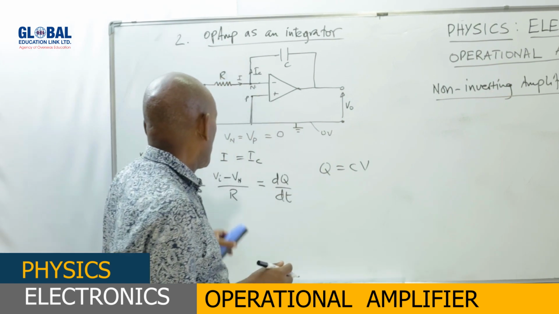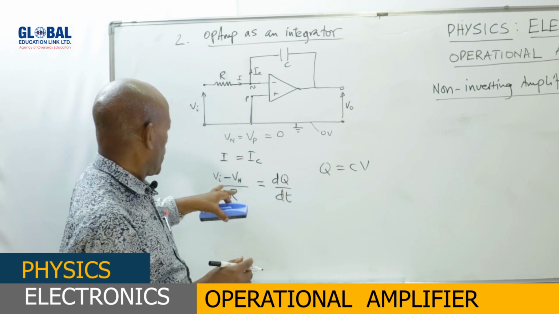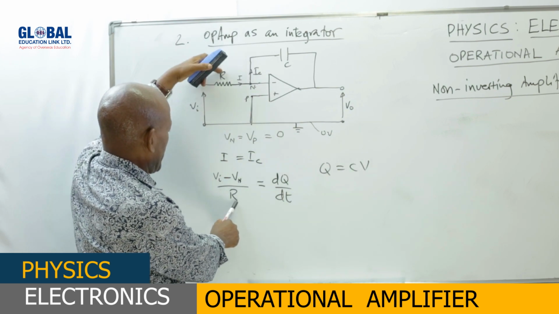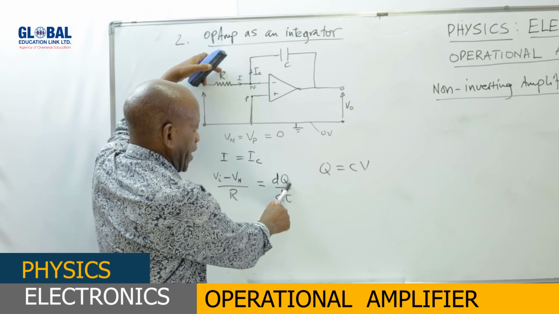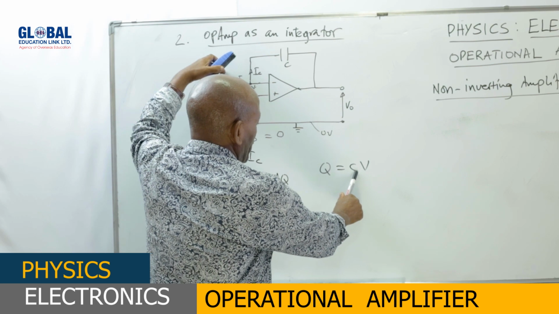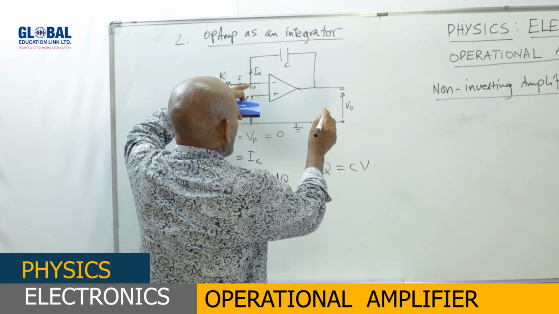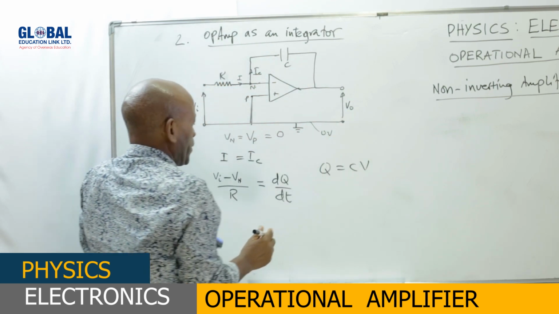Okay, so from this expression, as we have already seen, the input voltage minus the voltage at N over R, the input resistor, is equal to dq/dt. But the charge Q is equal to C times V, where C is the capacitance of the capacitor and V is the potential difference between the voltage at this point and the voltage at the output terminal.